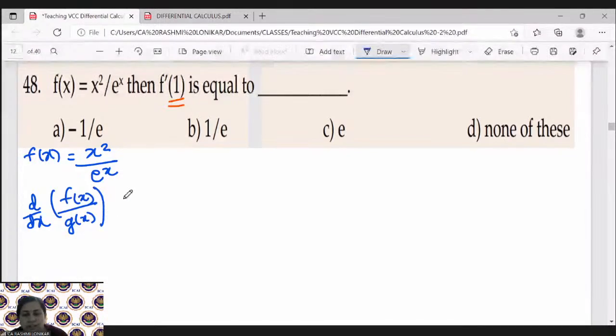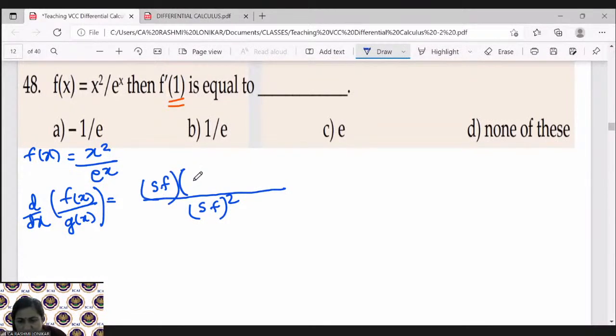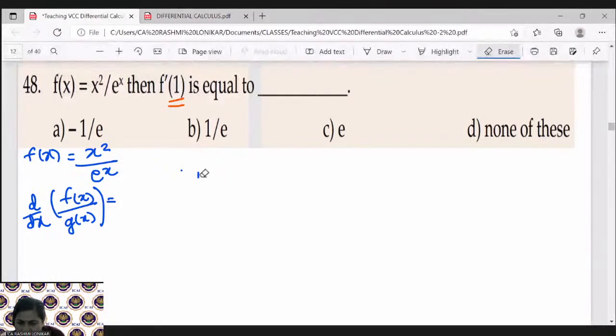What is the rule? Second function, okay, second function square. This is second function into derivative of first function plus, okay, just let me put it in terms of g and f only.